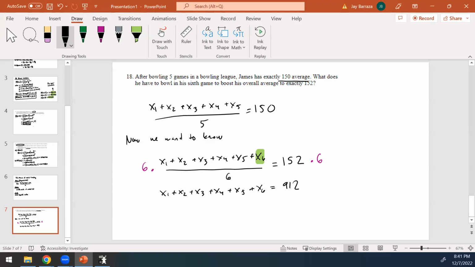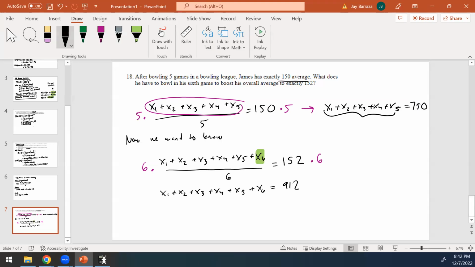Then I think about this and I notice something. Maybe you never thought to do this, but now that you've seen it, you can think about it. This right here is x1 plus x2 plus x3 plus x4 plus x5. So what if I multiplied the 5 over like that? Then this becomes x1 plus x2 plus x3 plus x4 plus x5 equals 150 times 5, which is 750.